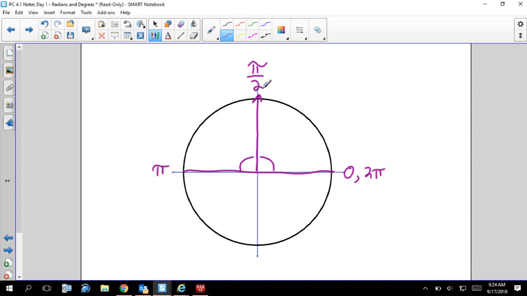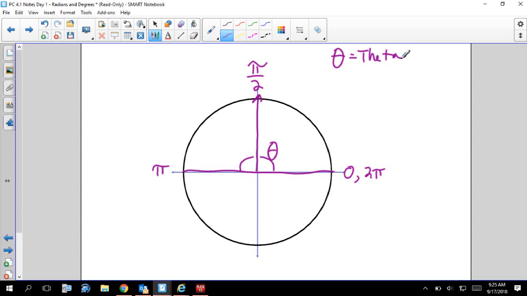See how I did that? I took the top half and divided it by 2. Once I do that, each of these sections measures an angle, which we're going to call theta. Each of those measures an angle of pi over 2. So this would be 1 pi over 2.